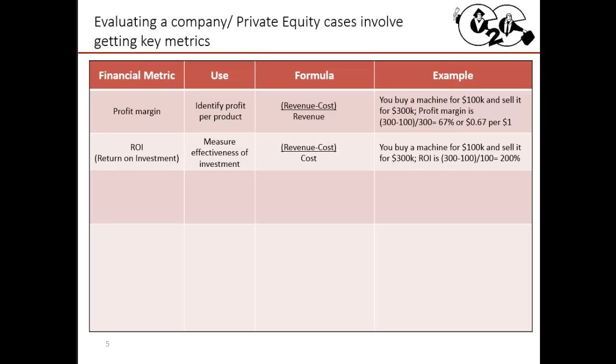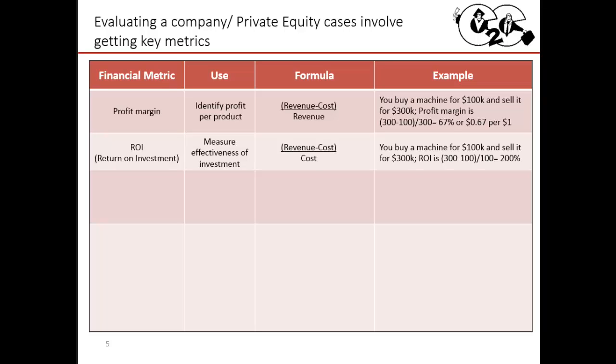So let's say you buy a machine for $100,000 and you sell it for $300,000. Your return on investment is 300 minus $100,000 in cost, divided by $100,000. So that means 200%. Okay?